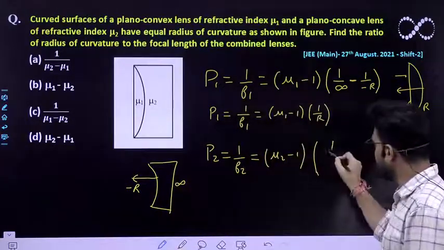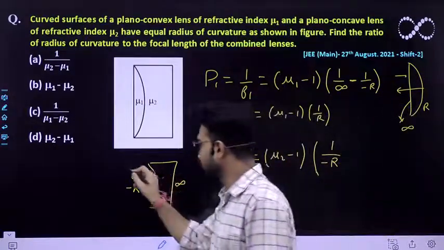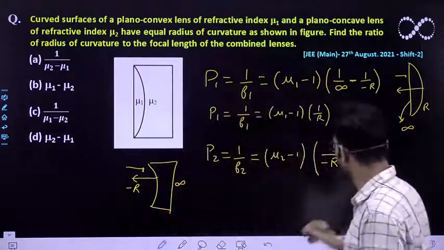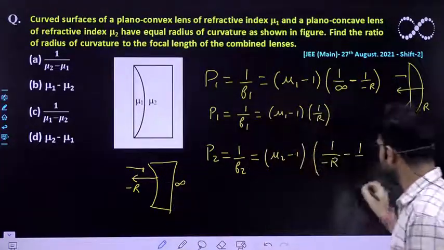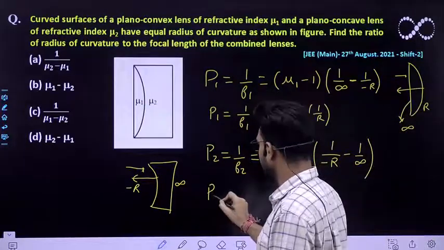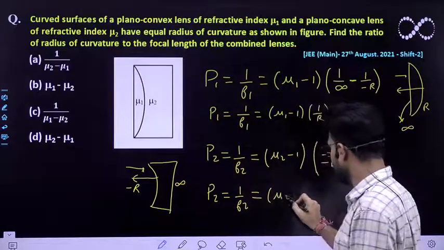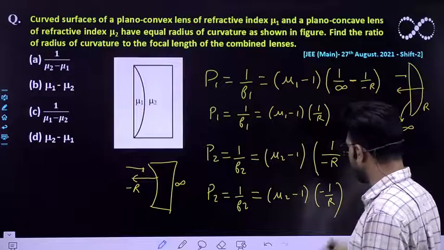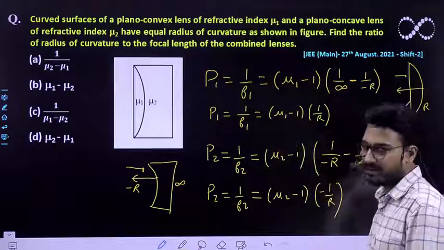So 1 upon r1 comes out to be minus 1 upon r, because the light would be coming from here and the radius of curvature is towards the left. R2 is infinite again, so 1 upon infinity is 0. So eventually the power of the second lens came out to be (mu2 minus 1) times minus 1 upon r. So these are the expressions for the two lenses with this much power.